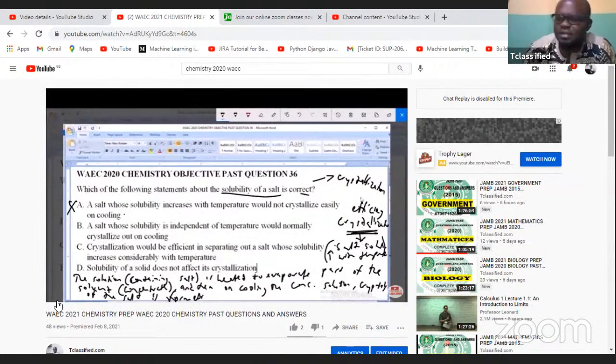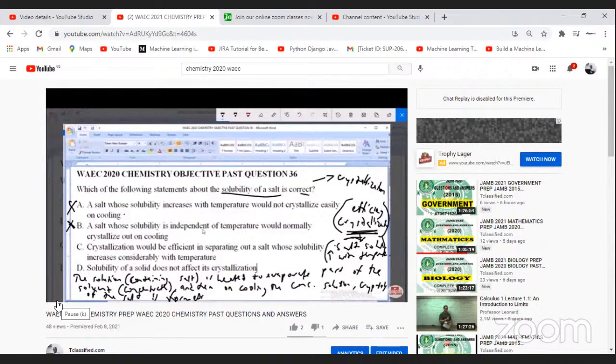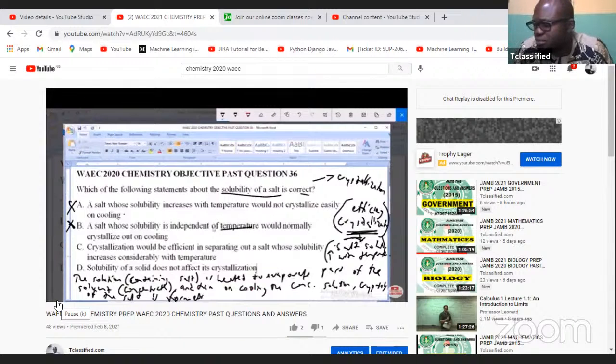All of them are electrovalent compounds. Which of the following statements about solubility of salts is correct? So all compounds that are ionic are soluble in water. They are polar, very soluble in water.